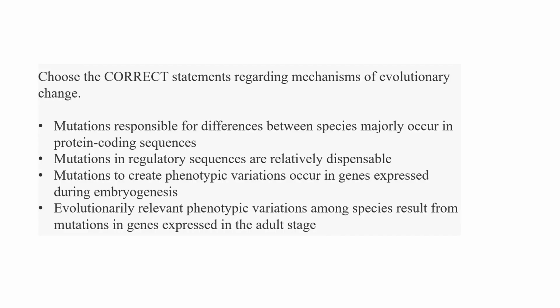Next is: choose the correct statements regarding the mechanisms of evolutionary changes. Mutations responsible for differences between species majorly occur in protein sequences. Mutations in regulatory sequences are relatively dispensable. Mutations to create phenotypic variation occur in genes expressed during embryogenesis.